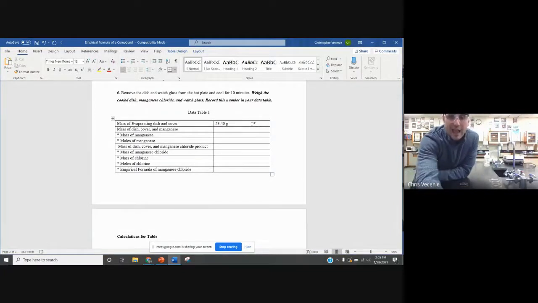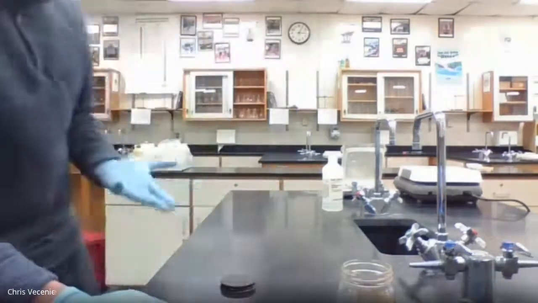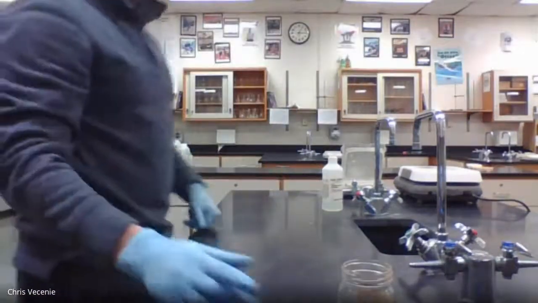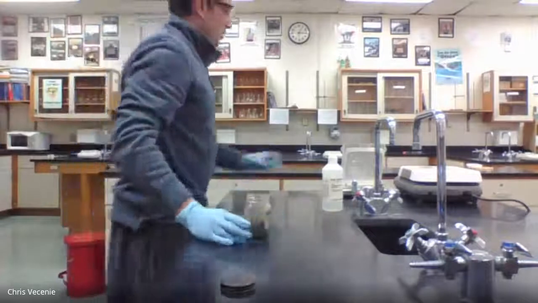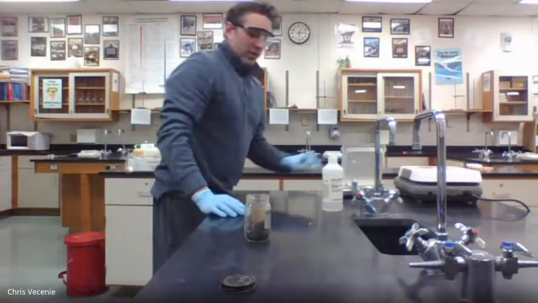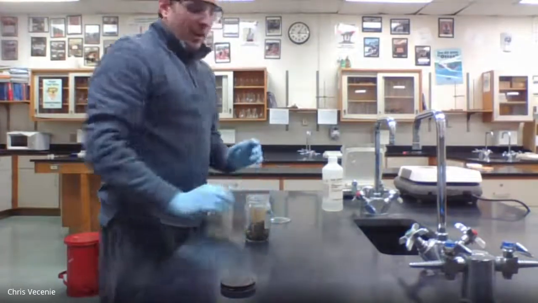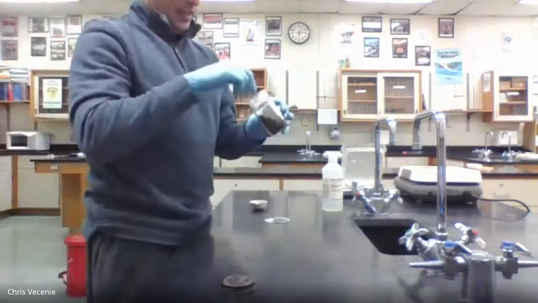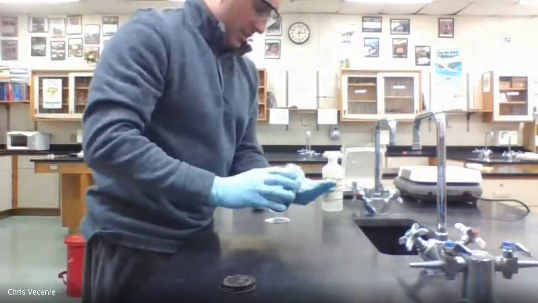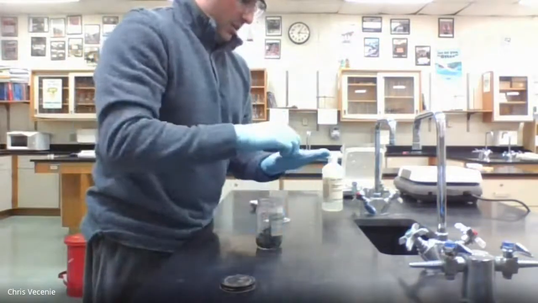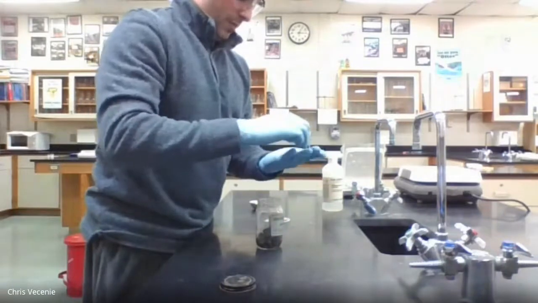Then we're supposed to add a little bit of manganese. And the amount really doesn't matter, because we're going to measure it in the crucible and the lid. They said use 0.25, but again, it doesn't really matter. I'm just going to take a little chip of manganese.